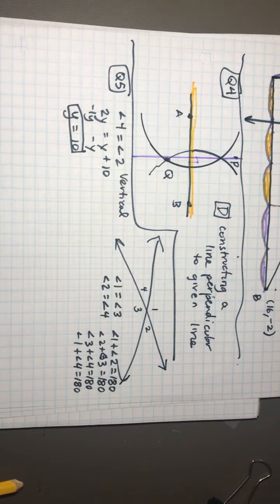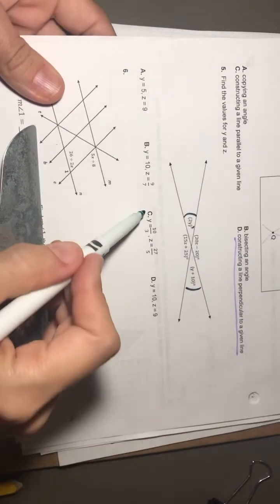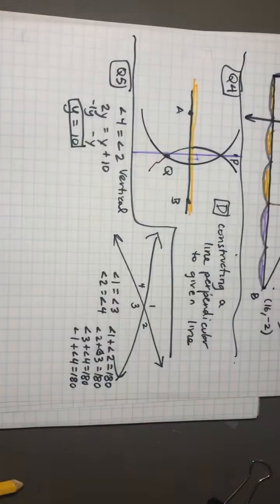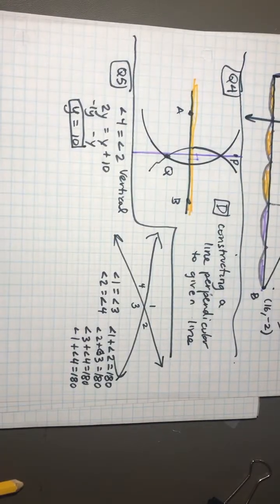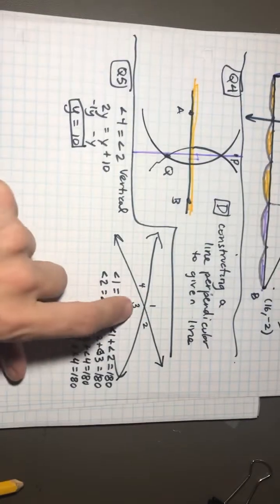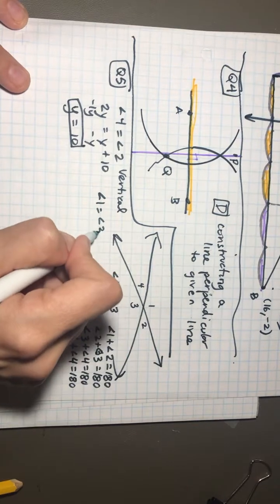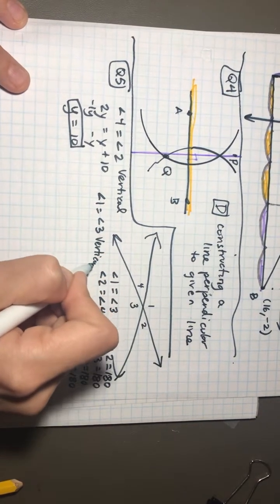So now I pretty much can eliminate my choices of A and C. Now let's continue. Notice that these both have D as well, and they should be equal. So angle 1 and angle 3 should also be equal because of this vertical angle theorem.